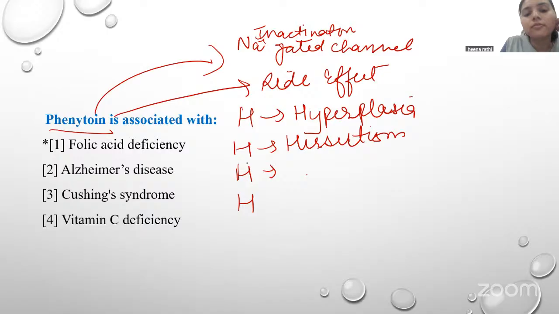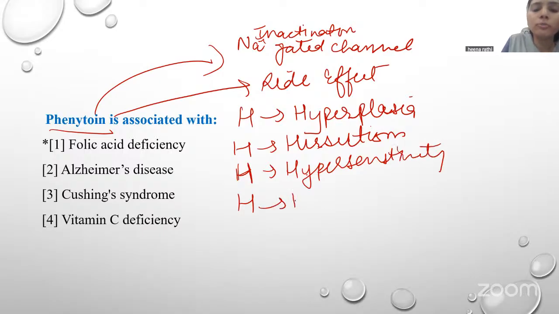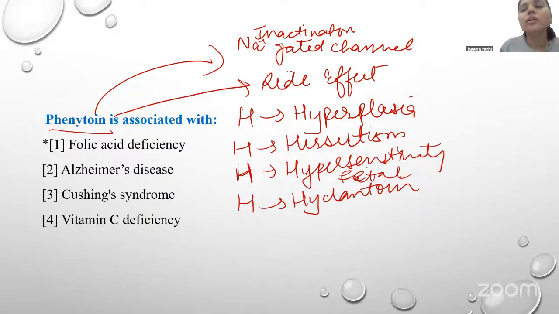Next H, hypersensitivity reactions with this, and most important, if it is taken by the pregnant female, it can cause fetal hydantoin syndrome. It means there will be the cleft lip in the offspring if mother has taken this phenytoin.